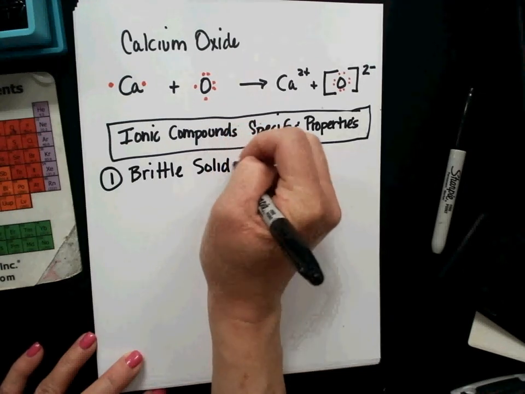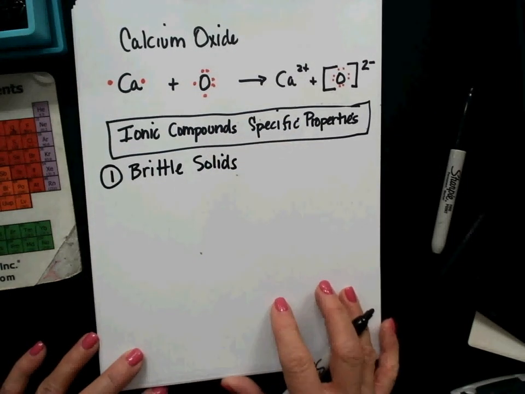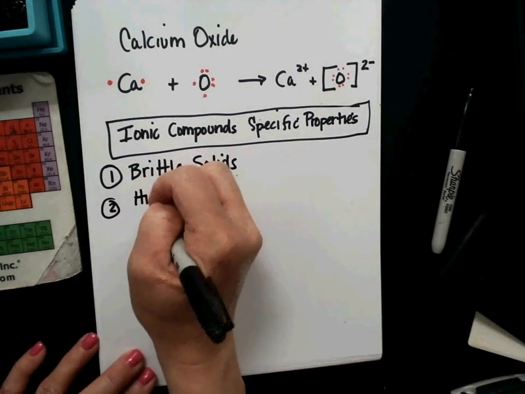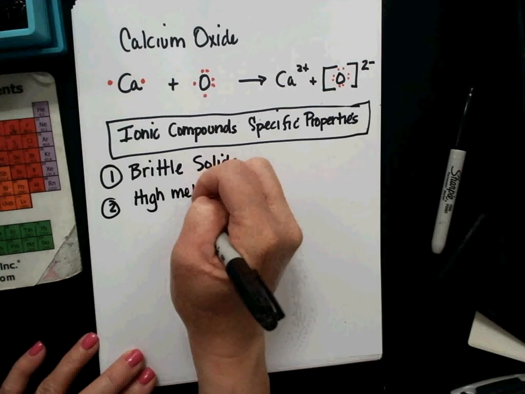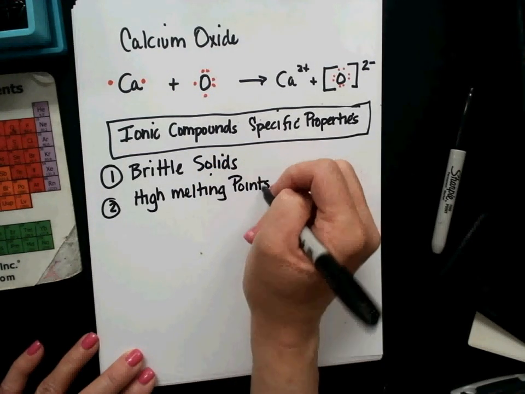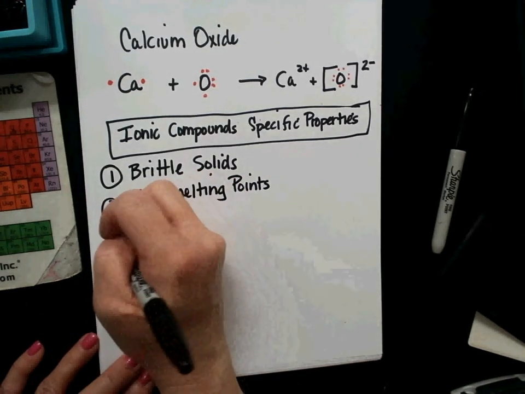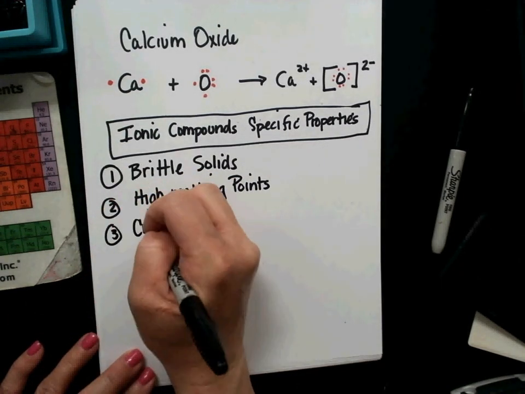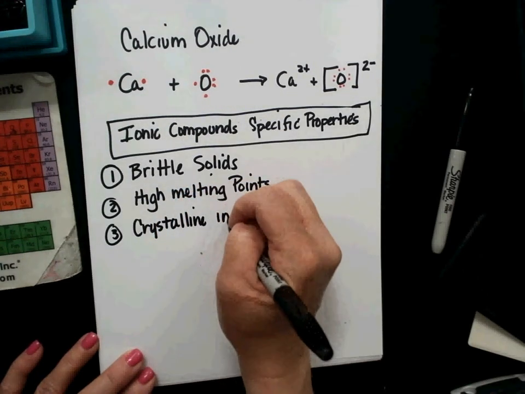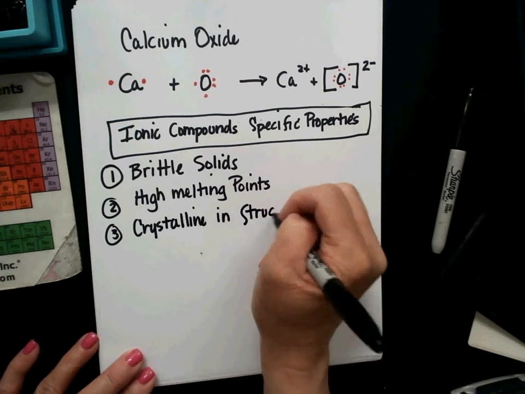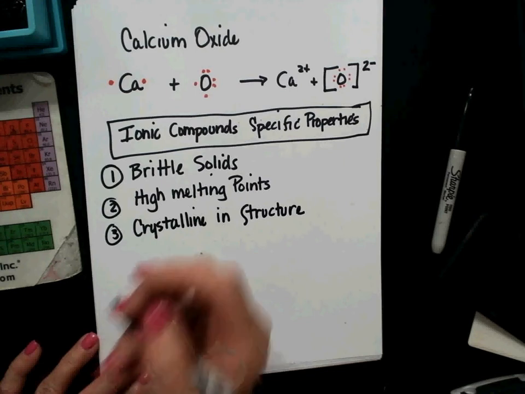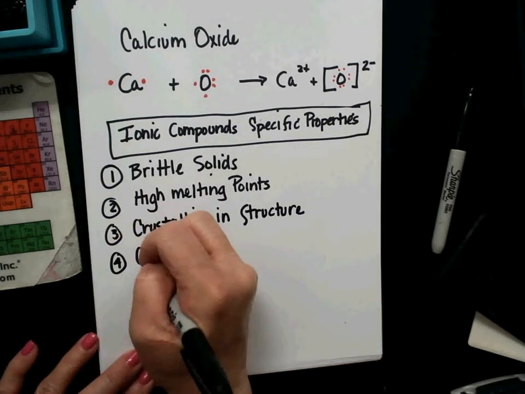Ionic compounds are brittle solids. They have high melting points. They are what we call crystalline in structure.